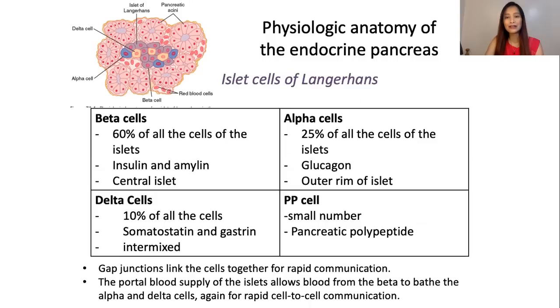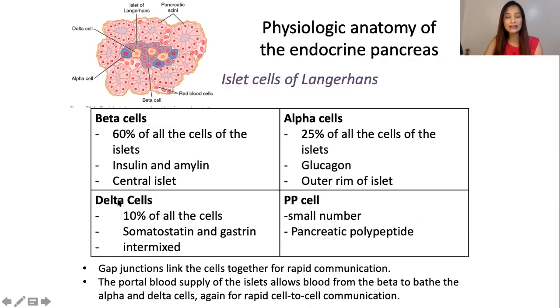Your islets of Langerhans are composed of different kinds of cells, the majority of which, 60%, are beta cells. Your beta cells are located in the central portion of your islets and produce your insulin and your amylin. Next, you have your alpha cells, located in the periphery of the islet, which are responsible for the secretion of your glucagon.